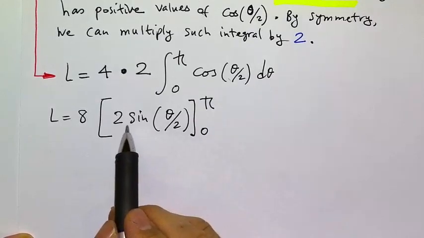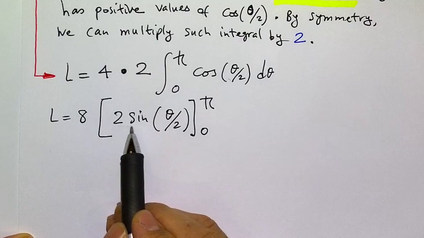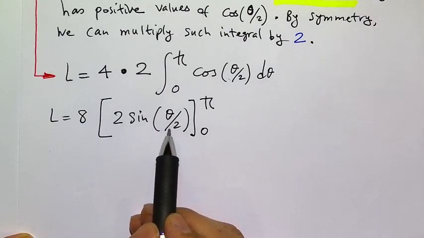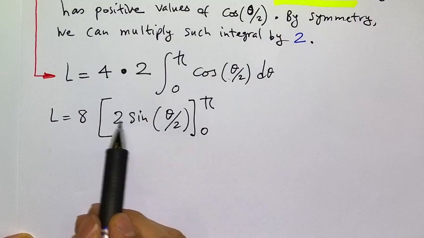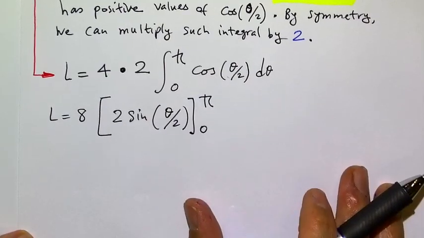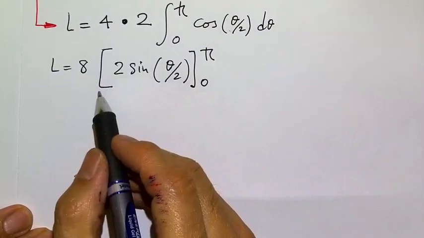Let's double check. So if we take the derivative of this, what do we get? We get 2 cosine of theta over 2 times 1/2. And 2 times 1/2 is just 1, and we get cosine theta over 2. Good.